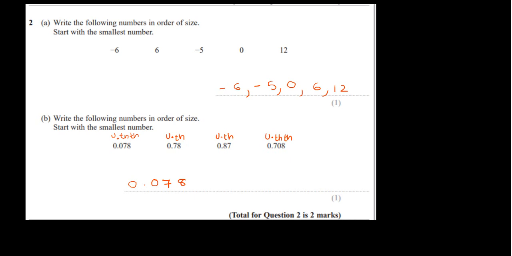That means 0.708 is smaller than 0.78. So I'll write 0.708, then I'll write 0.78. This is the same as 0.780 actually. And then the last number would be 0.87.